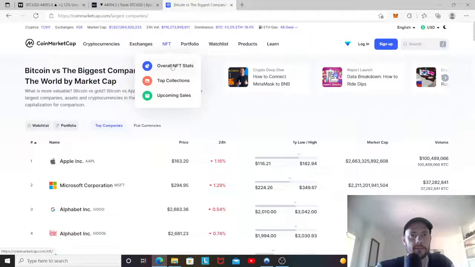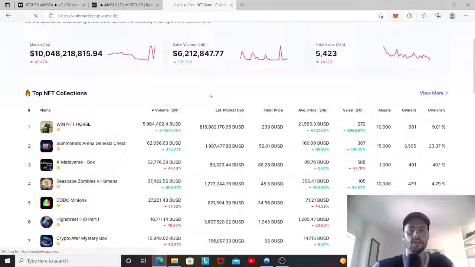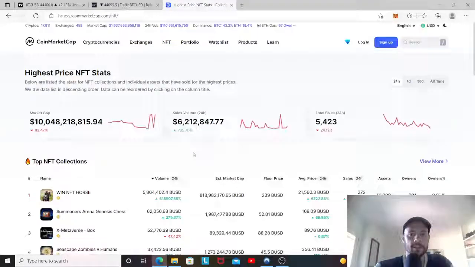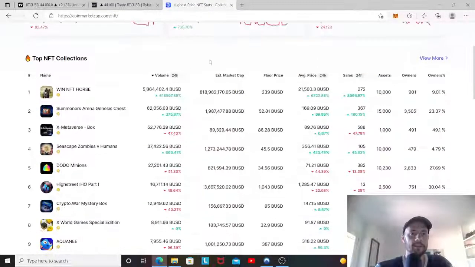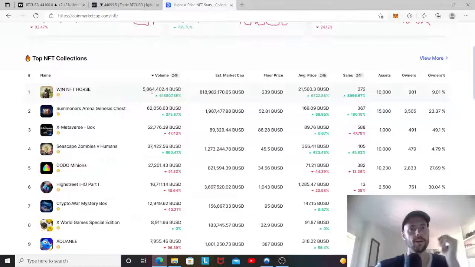NFTs. So you can click on this NFT thing. It'll show you top NFT collections. So this is basically showing you which NFT collections have had the most volume in the last 24 hours. Apparently Win NFT Horse is way higher than the rest. Yeah.